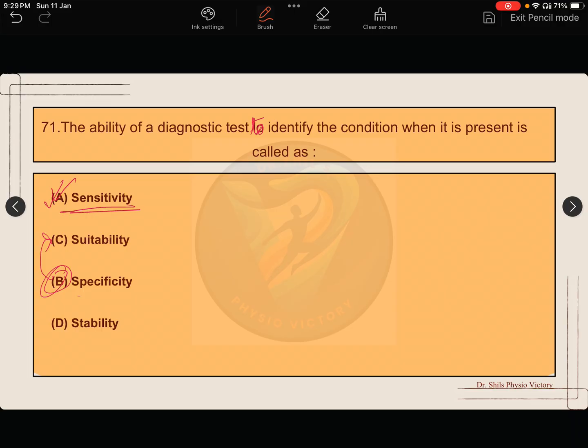Sensitivity is the ability of a diagnostic test to correctly identify those with the disease when the condition is actually present. And specificity basically is the ability of the test to correctly identify those without the disease.